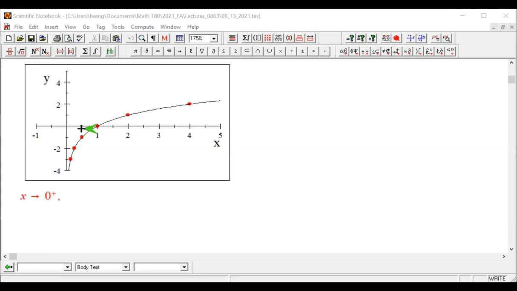When x is approaching 0 from larger than 0, that's the input, horizontal, right? Approaching 0, as close as possible. The output is vertical. You guys see that?